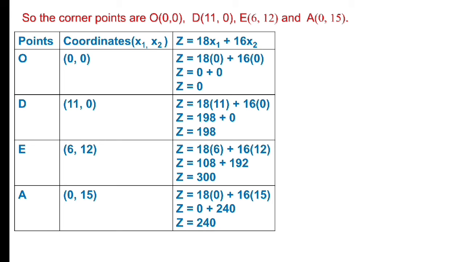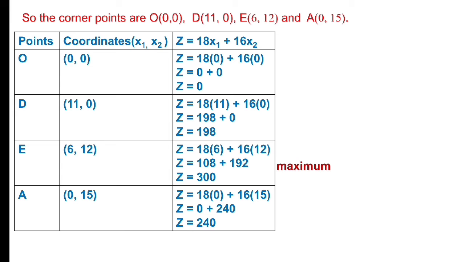The given objective function is maximum. So in this table, the z value which is maximum is z equal to 300, and the coordinate for that is 6, 12.